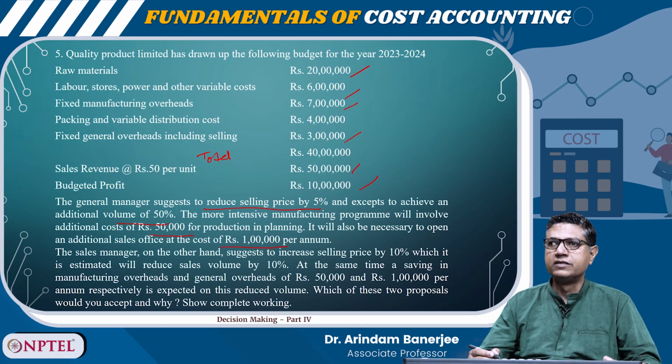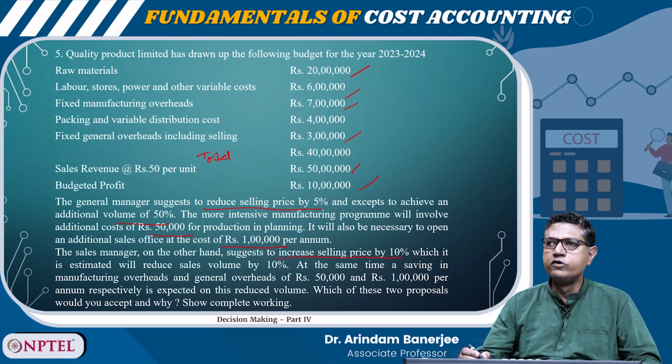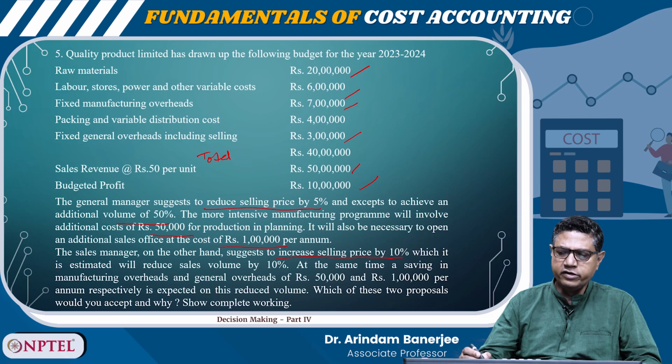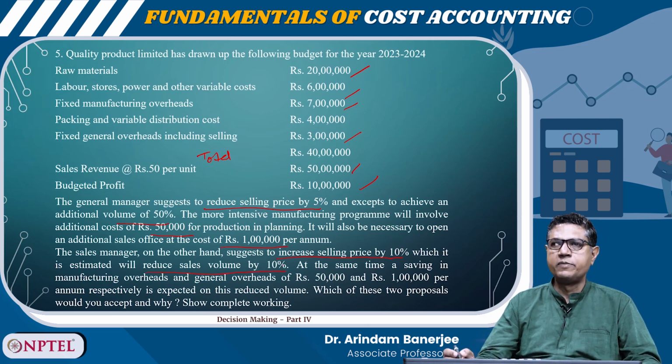This is first proposal. The second proposal is increasing the selling price. First one is reducing the selling price and second one is increasing the selling price by 10%, and it will reduce the sales volume by 10%.